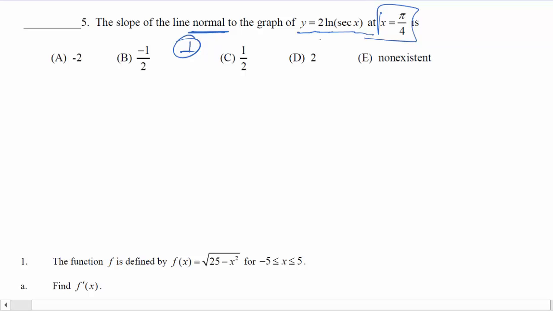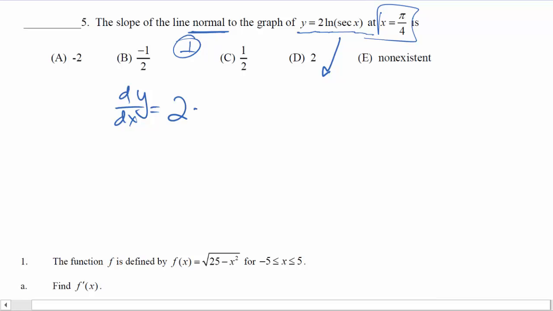However, in this problem, it's not a calculator, so it's really testing us on our chain rule, our product rule, all of it. It's nested functions, 2 times ln of secant of x. If I want dy dx, keep the 2 in front.